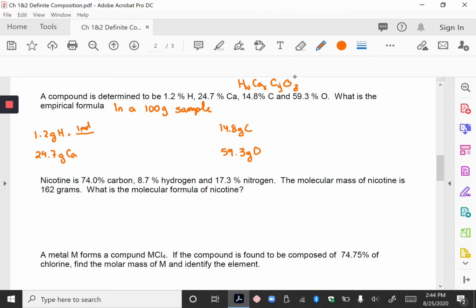So 1 mole of hydrogen is 1 gram. 1 mole of calcium is 40 grams. 1 mole of carbon is 12 grams. 1 mole of oxygen is 16 grams.